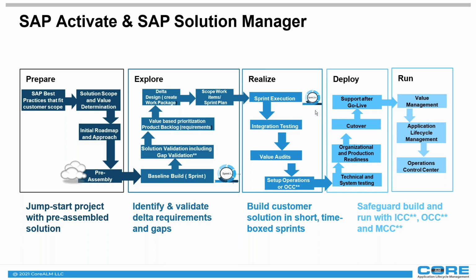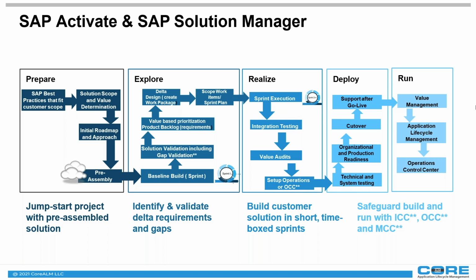In addition to that, once you're done with your sprint, this is where you have your integration testing, your regression testing, whatever the case might be, or if you have different types of classifications of testing, or if you have any type of value audit, and then this is where you would go live, or you would prepare for some type of hypercare, for some type of cutover, and then you would jump into your hypercare and so on from the deployment.